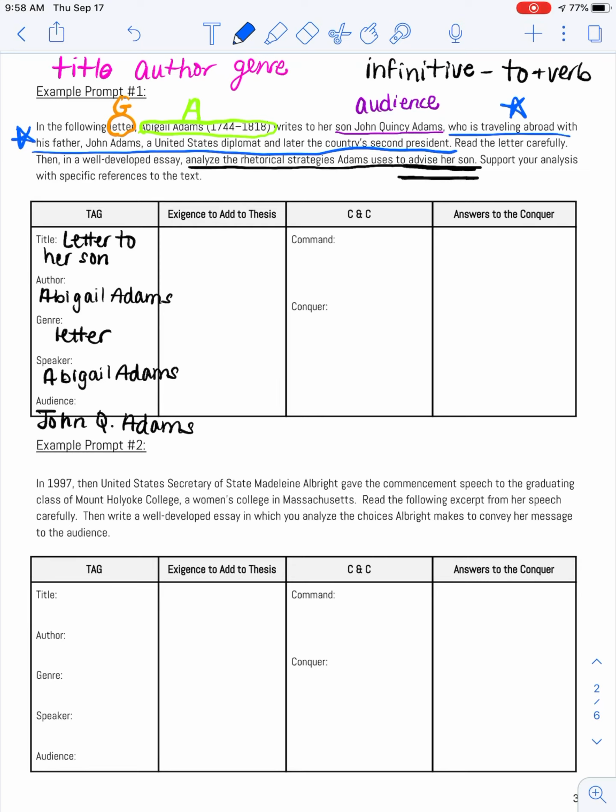Okay, I'm going to fill in my exigence here. So I'm going to write son is traveling abroad, that it's written to her son traveling abroad. I'm going to write traveling with father, who is a diplomat.